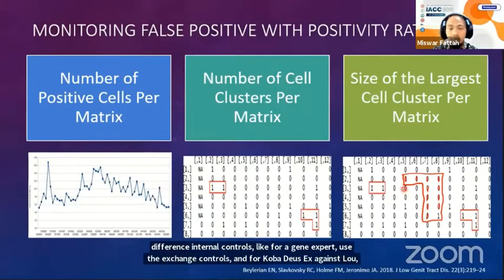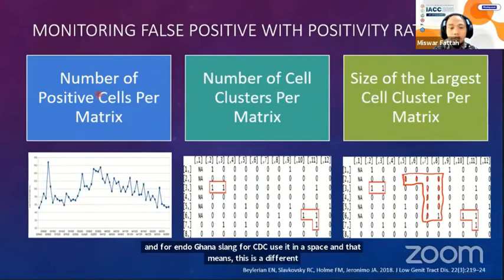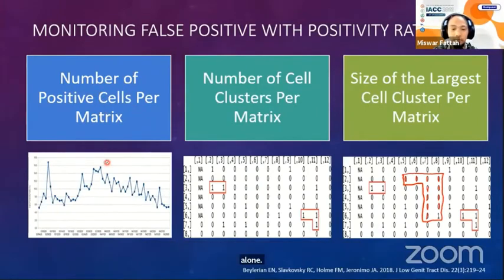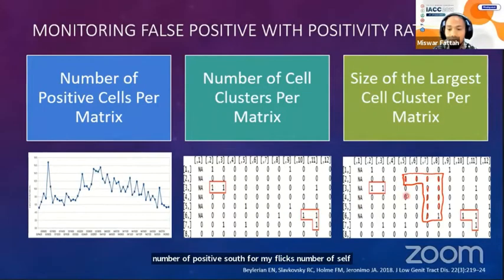And to monitor false positives, we need to know the number of positive cells per matrix and the number of cell clusters per matrix, so we can count how many there are. If the cluster is bigger, there is potentially cross-reactivity or cross-contamination, because we need to count how big the cluster is.